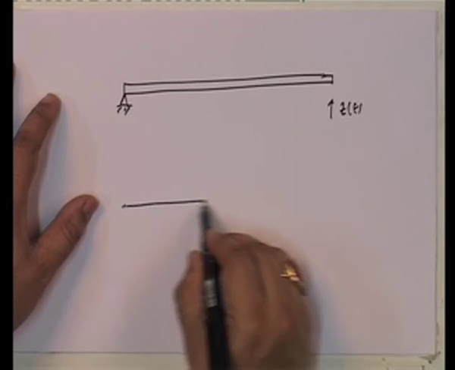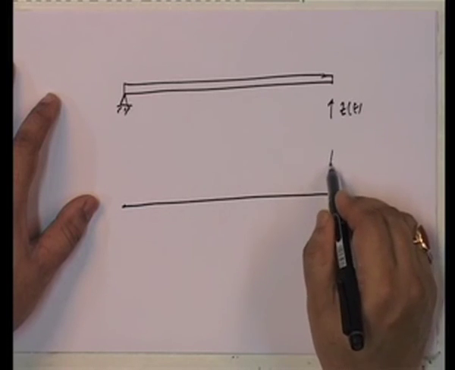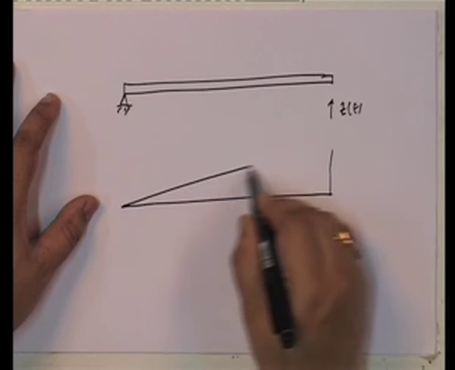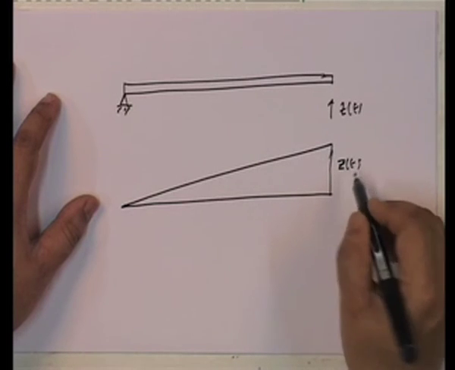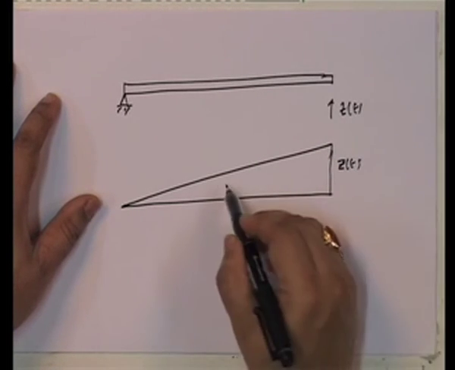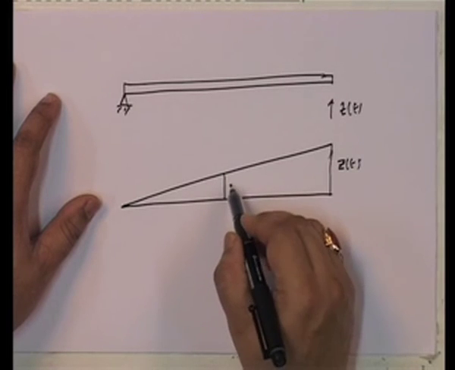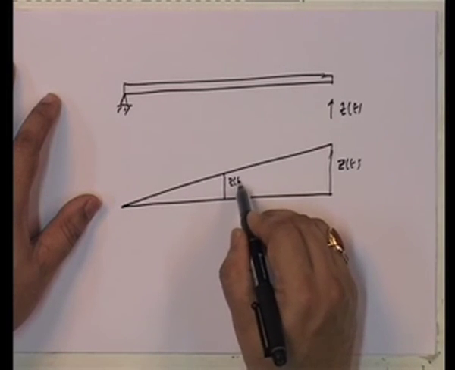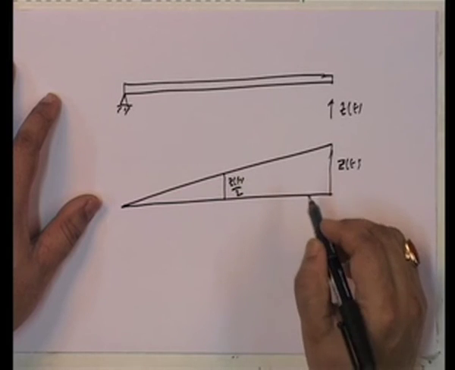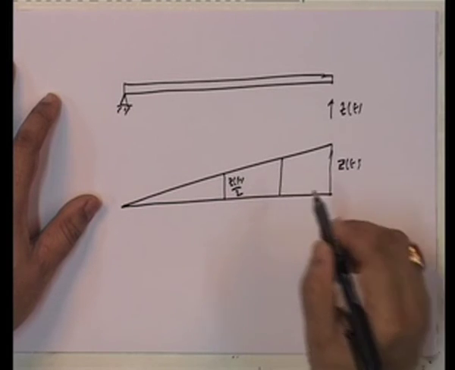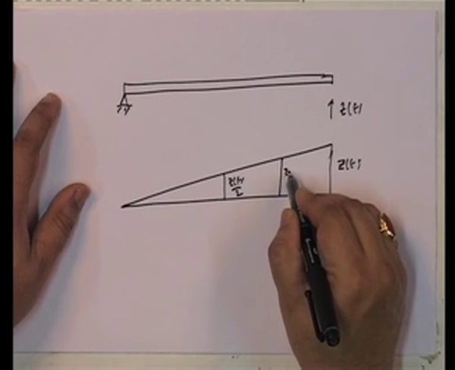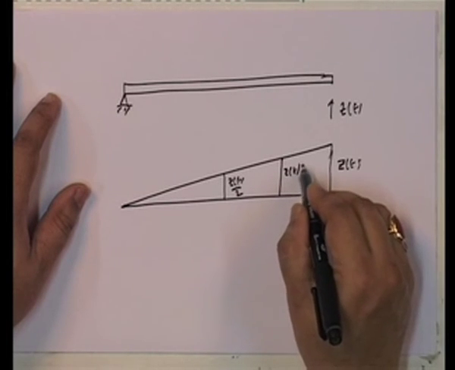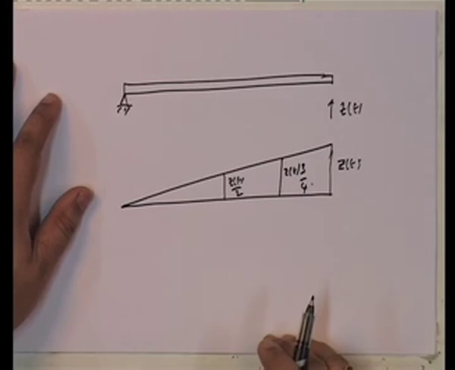So, that means I am going to say that this is the displacement, this is z of t. If this is z of t, what is it at the midpoint? It is z of t upon 2, and at the 1/3 point it is going to be equal to z of t 3/4.